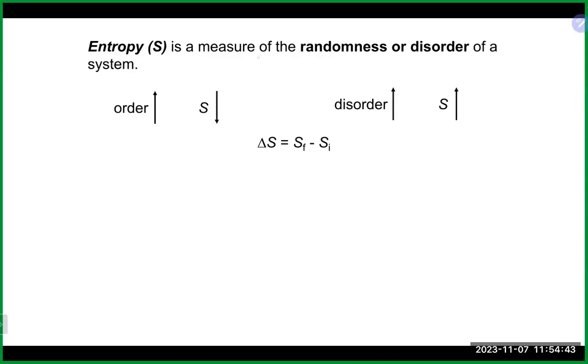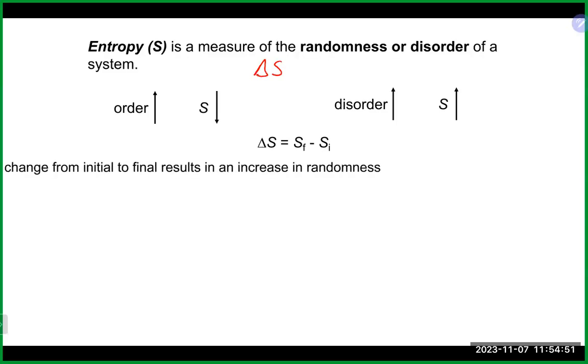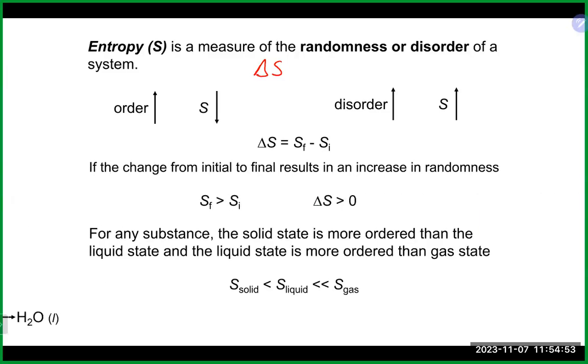So entropy, or the change in entropy, which is delta S, is the amount of randomness or disorder there is in a system. When we have a lot more order or less disorder, whichever way you want to think about it, we actually have a more negative value for delta S. So when we get things more organized and ordered, we're actually decreasing the entropy of that system, because entropy is the amount of disorder and randomness that's happening.